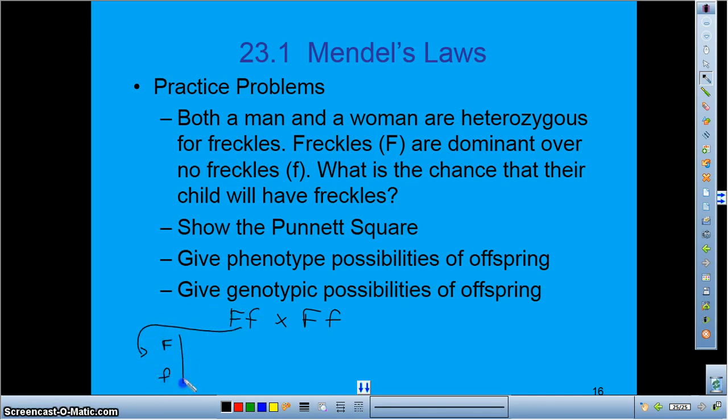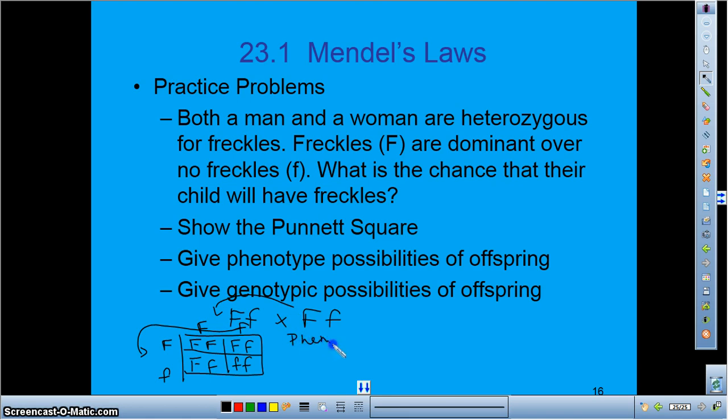This parent is either going to give a big F or a little f to their offspring. I kind of crowded it on here, but this parent I always put up here at the top. This parent is either going to give a big F or a little f. We fill in the boxes. And like I said, this is exactly what I would expect to see. If you have a problem like this, this is what I have to see.